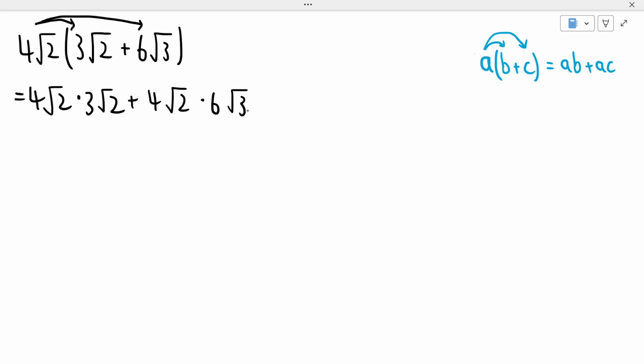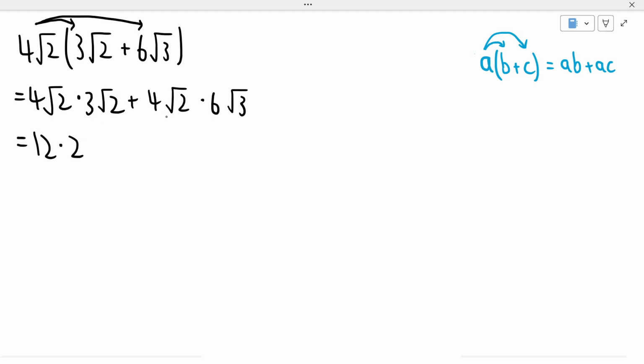So now this expression is just equal to 4 square root 2 times 3 square root 2 plus 4 square root 2 times 6 square root 3, because we need to add up the two multiplications according to the distributive property. To simplify this, we need to do the multiplications. So in the first term, 4 times 3 is simply equal to 12, and square root of 2 times square root of 2 is simply equal to 2.